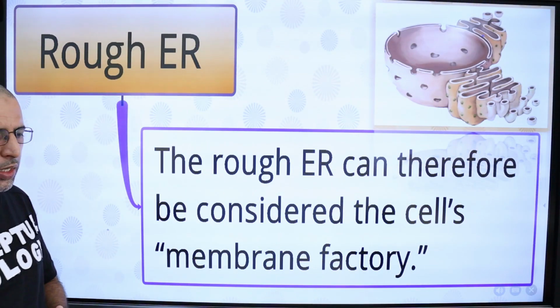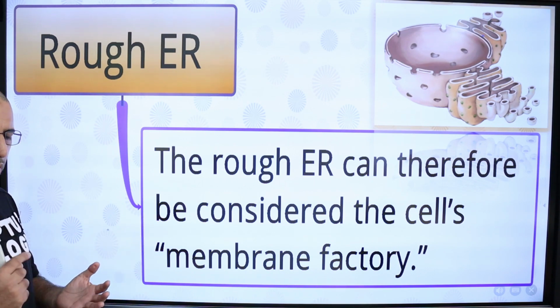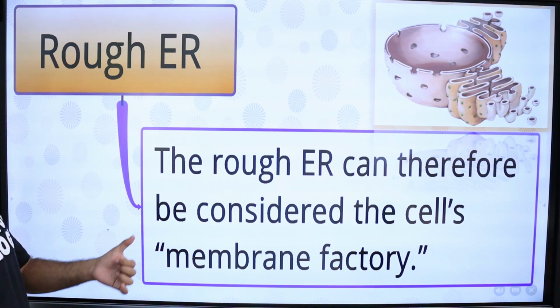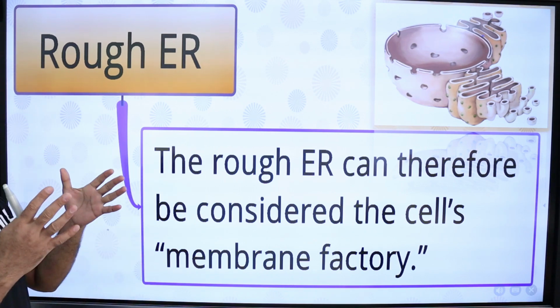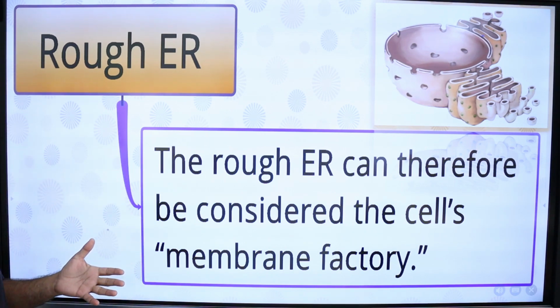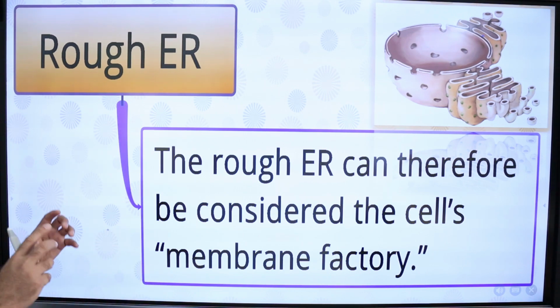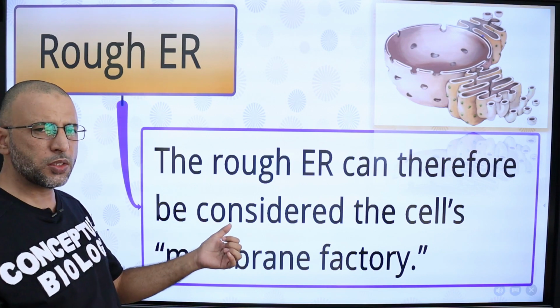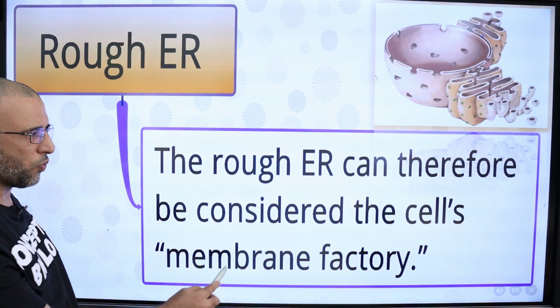Rough endoplasmic reticulum can therefore be considered the cell's membrane factory because it is involved in the synthesis of protein. And we will see that smooth endoplasmic reticulum is involved in the formation of phospholipid. So phospholipids, protein molecules, glycoproteins, glycolipids, all these structures are synthesized by the endoplasmic reticulum. That is why it is called the membrane factory.